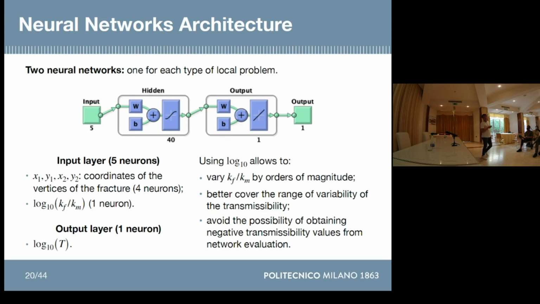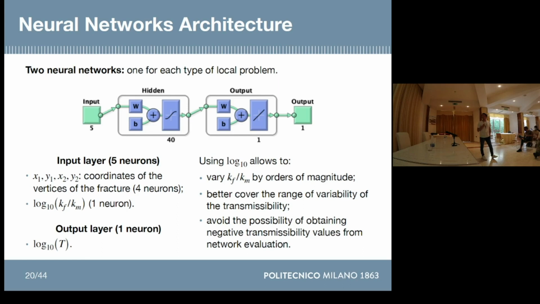Coming to the architecture, I've decided to use the same architecture for both problems, just to keep things simple. In the input layer, I've considered 5 neurons. The first 4 neurons represent the coordinates of the vertices of the fracture, while the other neuron represents the logarithm of the permeability ratio.